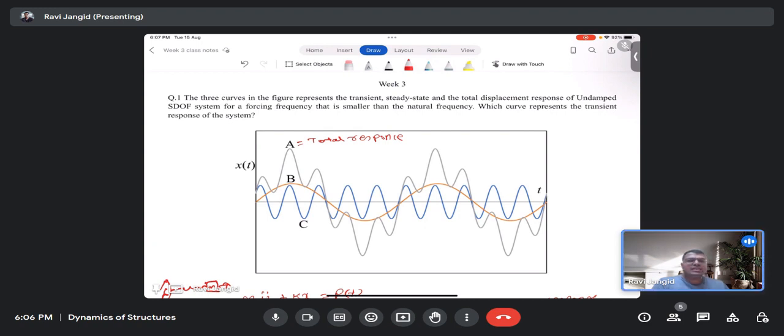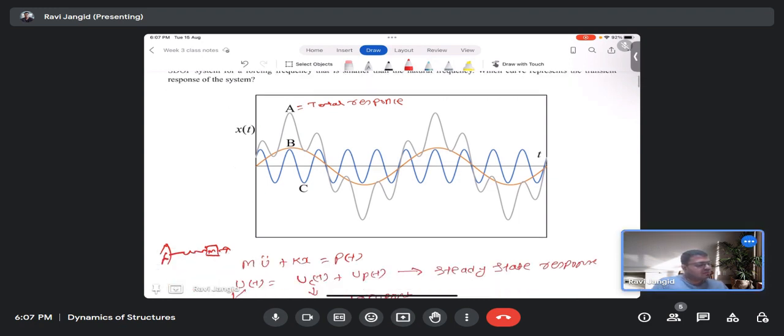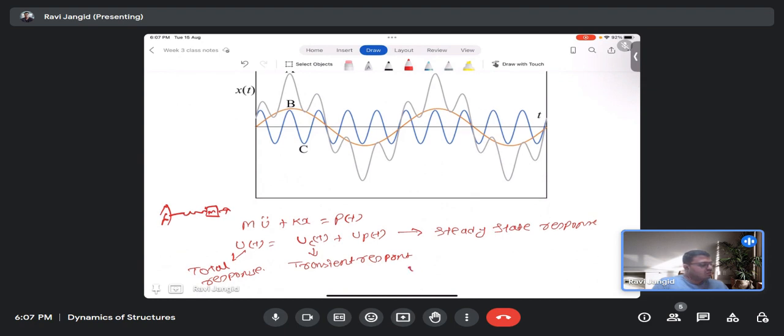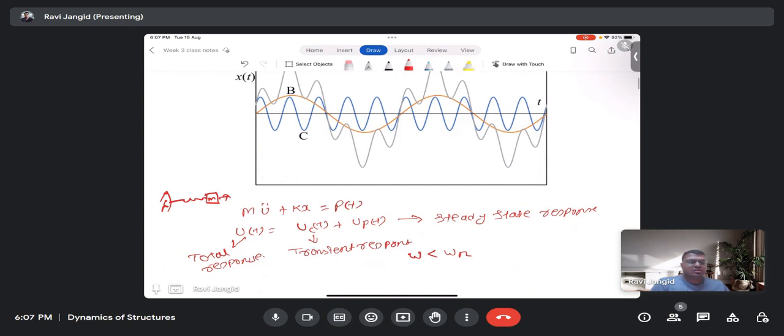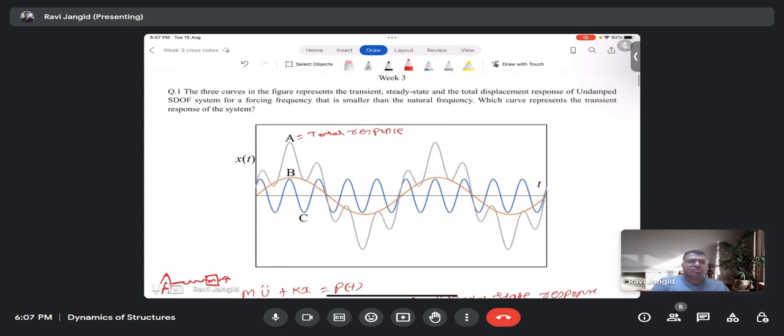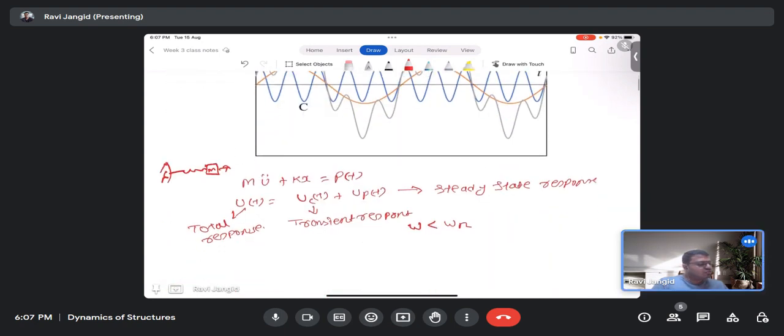In the question itself, we have given the statement that the forcing frequency is smaller than the natural frequency, which means your omega is less than the natural omega n. That means your forcing T would be greater than Tn. Is it right?